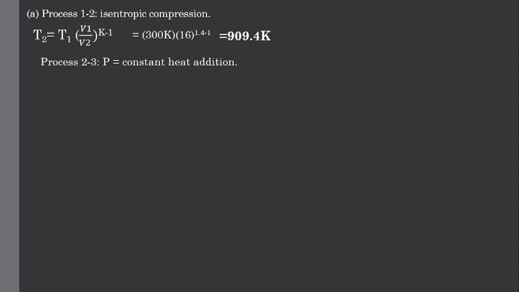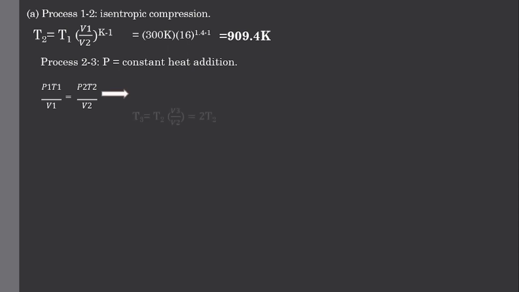Then after that, we proceed to process 2-3, which is constant pressure heat addition. The equation that we're going to use is P sub 1 times V sub 1 over T sub 1 is equal to P sub 2 times V sub 2 over T sub 2. Since pressure is constant, we're going to cancel it.